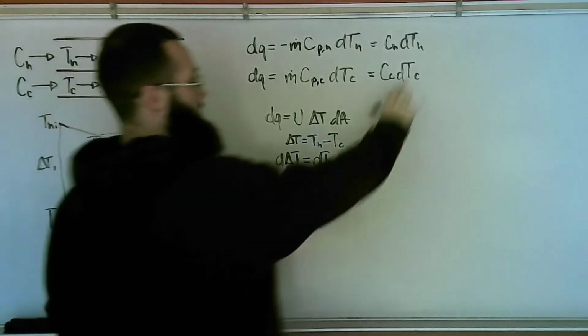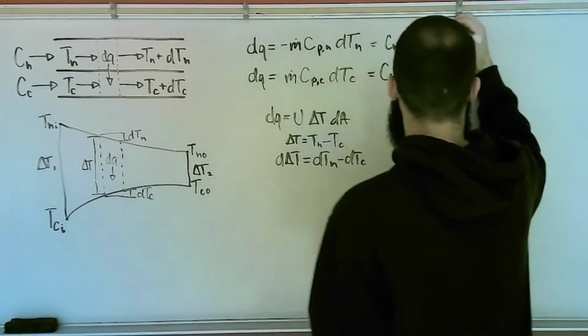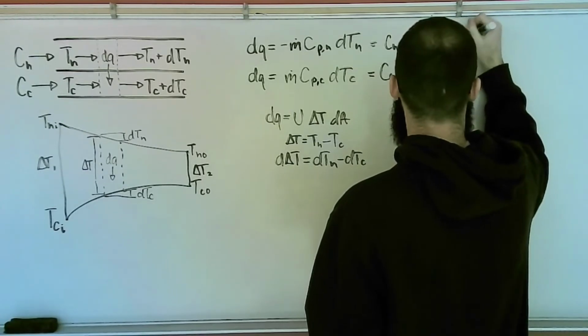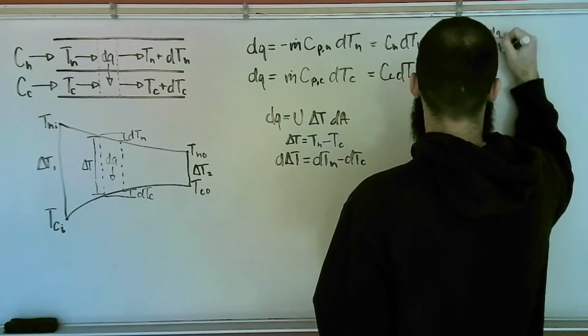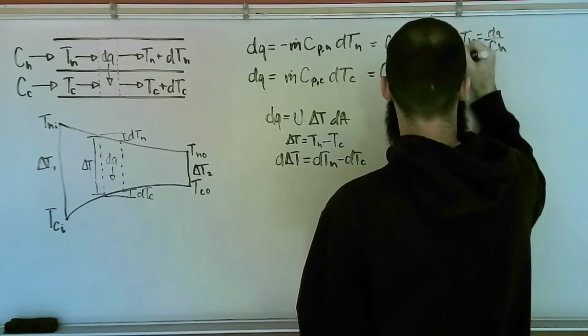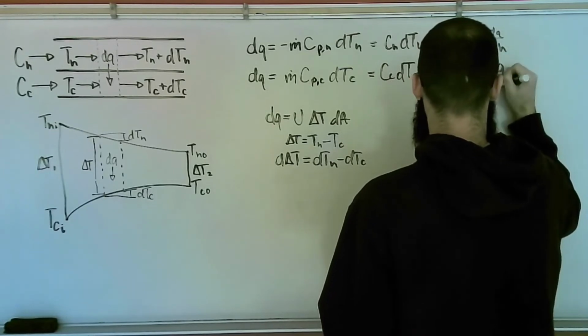And so now what we can do is solve these for dTH and dTC. So dTH is equal to dQ over CH, and dTC is equal to dQ over CC.